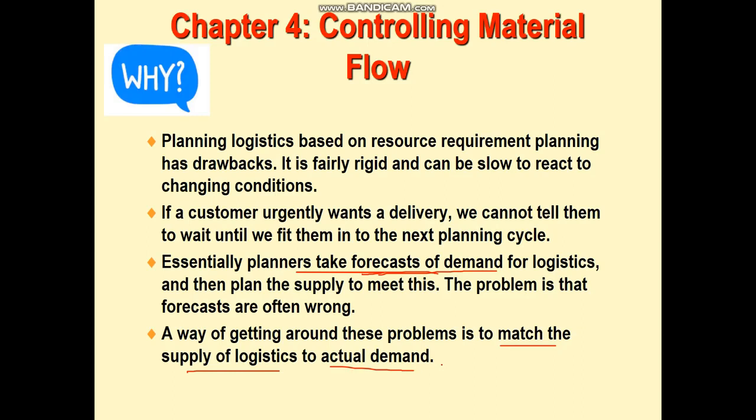So that's why we will learn how to control the material flow in this chapter. And we have two main methods to control the material flow. The first one is MRP and the second one is JIT. MRP stands for material requirement planning, and JIT is just in time.